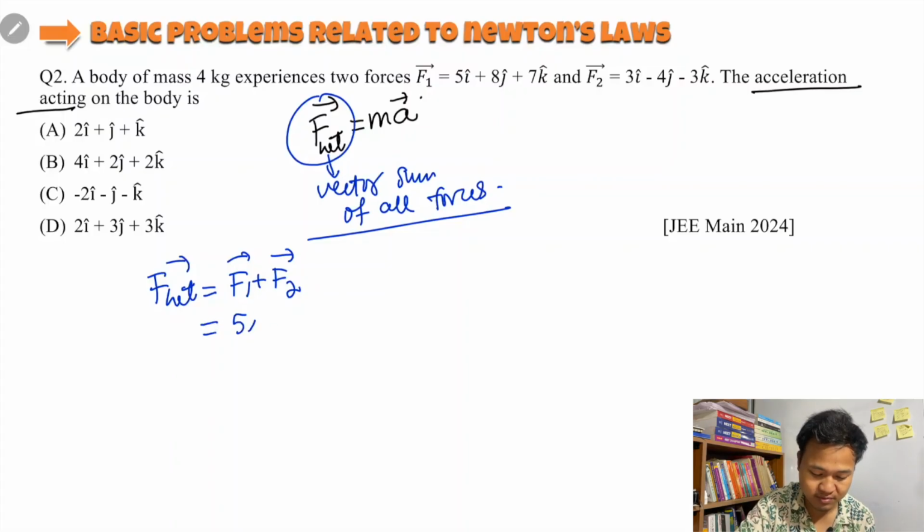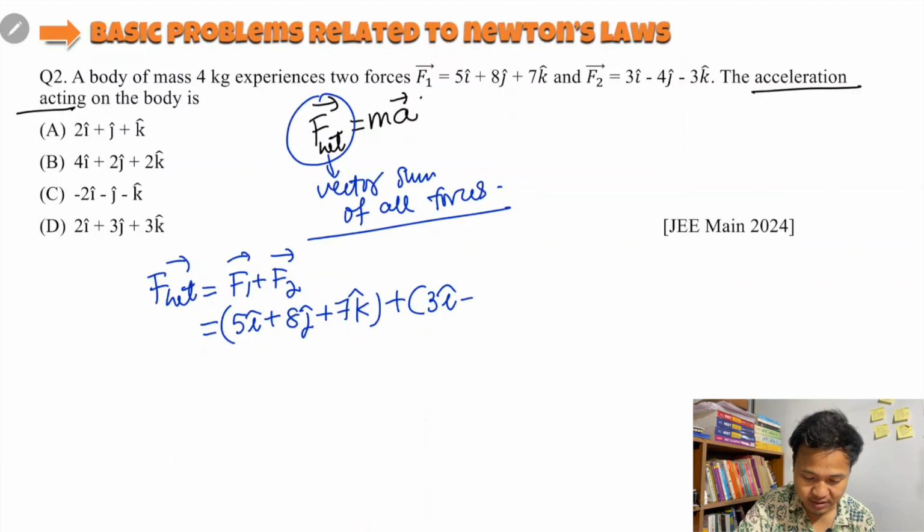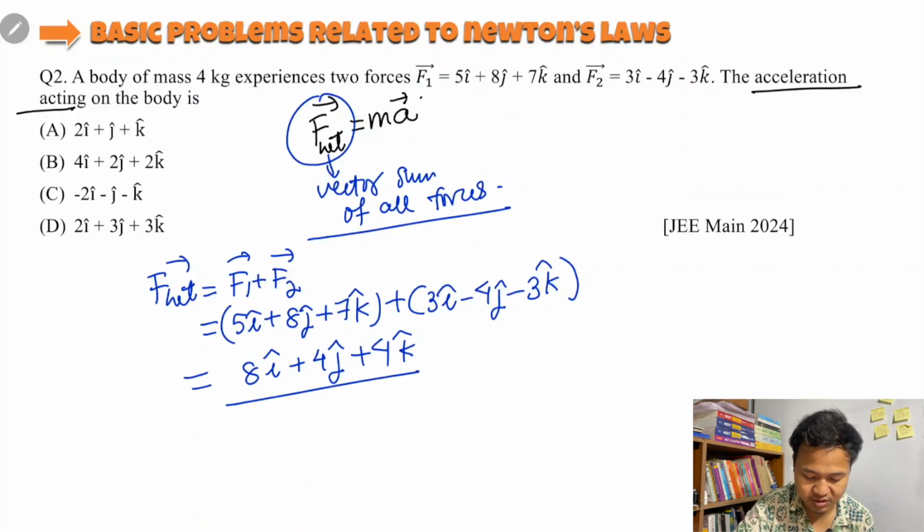Force 1 is 5i plus 8j plus 7k, plus F2, which is 3i minus 4j minus 3k. Solving, 5 plus 3 is 8, 8 minus 4 is 4, 7 minus 3 is 4. So this is the net force.